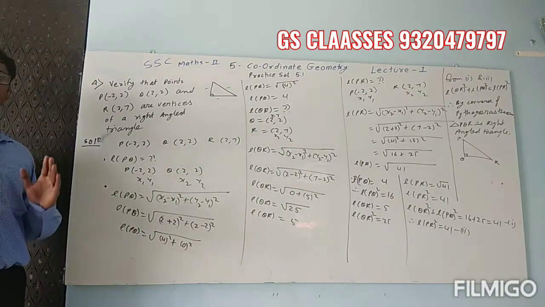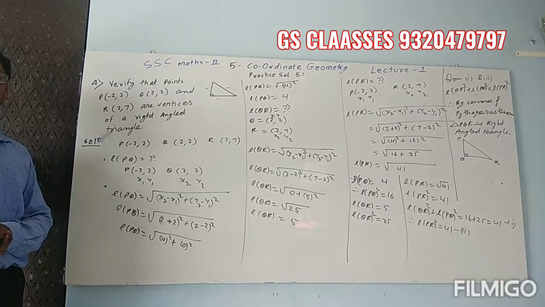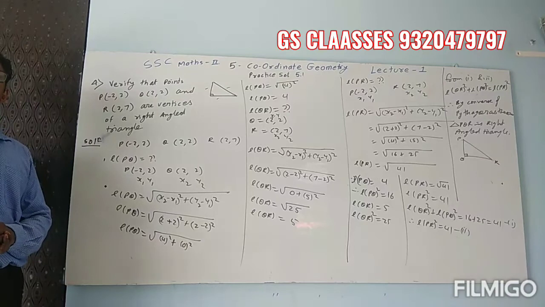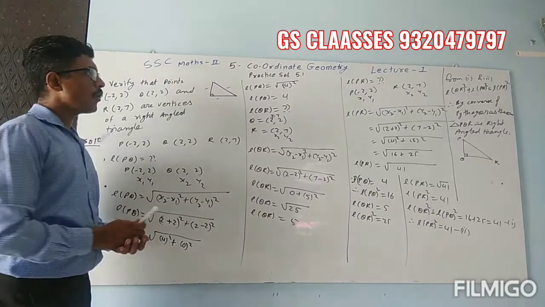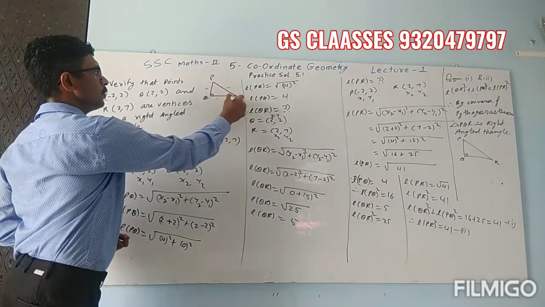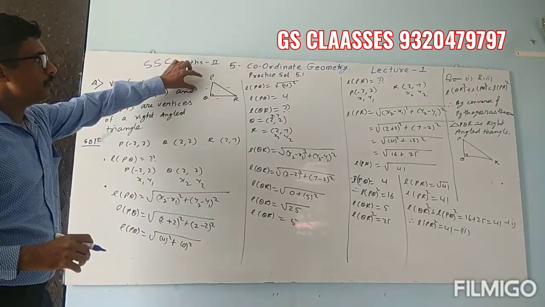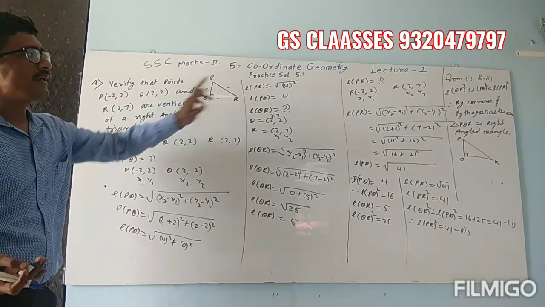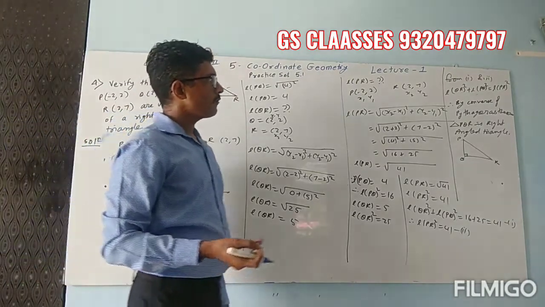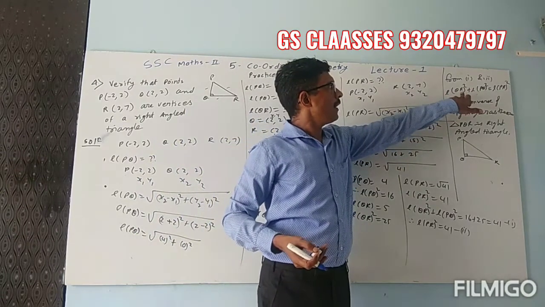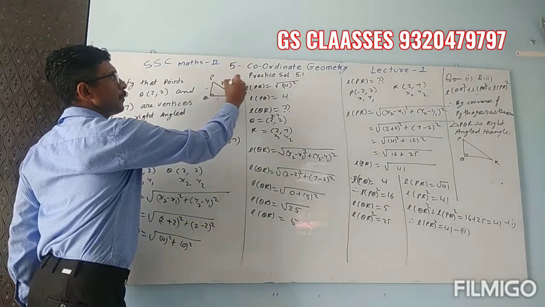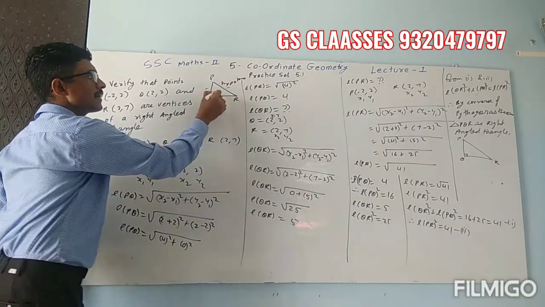So children, this way you can prove that the given points are actually representing a right angled triangle, because the sum of the squares of the two sides PQ and QR is equal to the square of PR. This becomes the hypotenuse, and these are the adjacent sides.